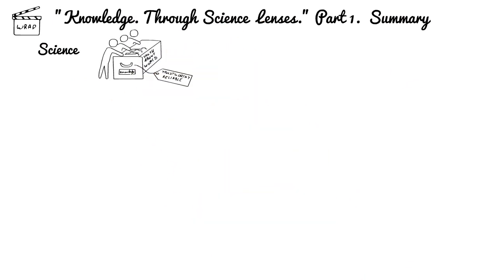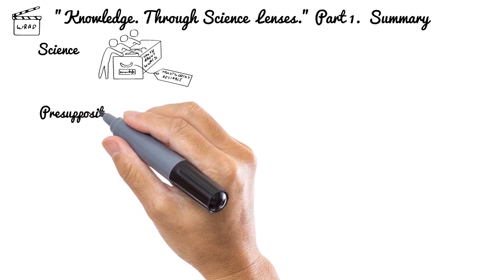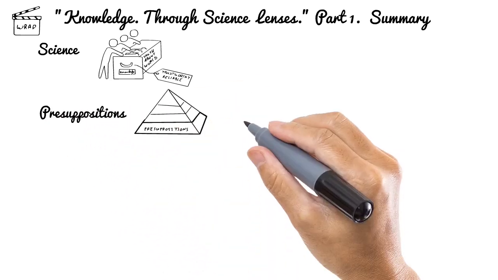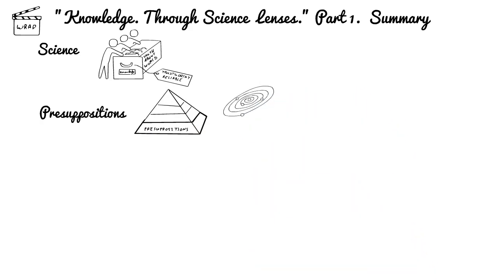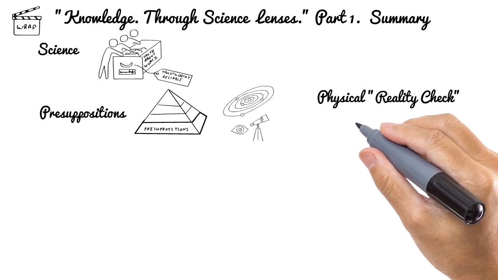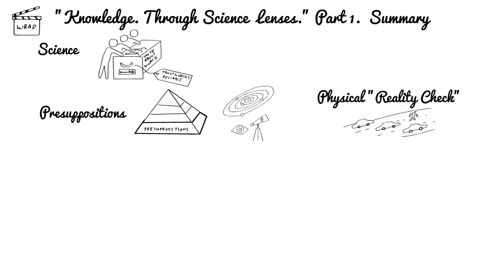The goal of science is to build observer-independent truths about the world independent of us. We mentioned presuppositions which science is based on. Two main ones are: the physical world exists, and our sense perceptions are generally reliable. If we cannot accept and believe scientific presuppositions, we cannot trust the whole of science. For easier accepting of presuppositions, we introduced a common sense physical reality check about moving cars being hazardous to pedestrians.